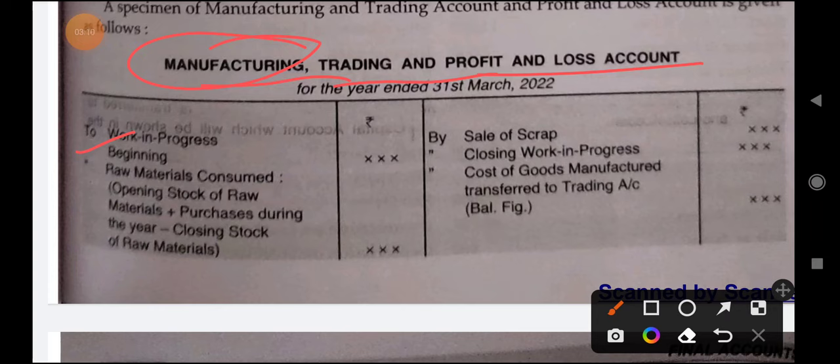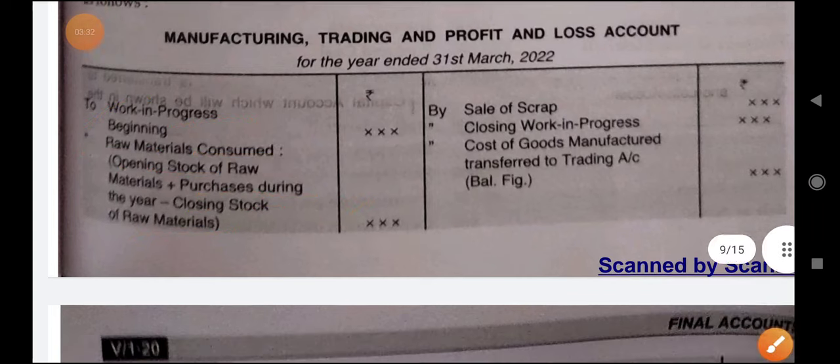In this manufacturing account, work in progress at the beginning will come on the debit side. Raw material consumed we will calculate: opening stock of raw material plus purchases during the year minus closing stock of raw material gives you raw material consumed.